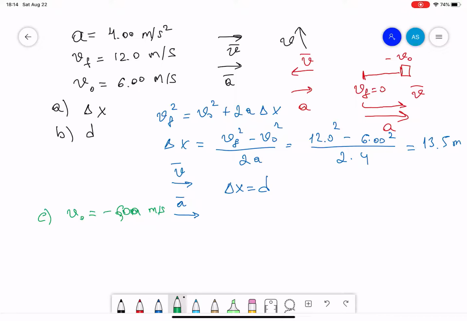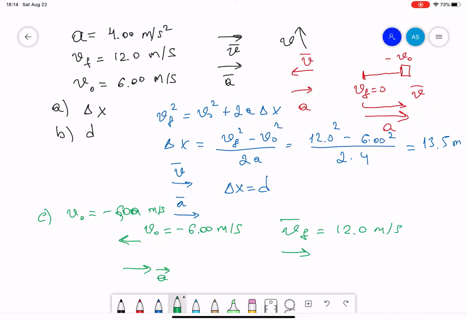First of all, let's look at what's happening here. Again, the initial velocity is pointing in the negative direction, which is 6 meters per second. Then we know that our acceleration is in a positive direction. We also know that our final velocity, which is equal to 12 meters per second, is also in the positive x direction.